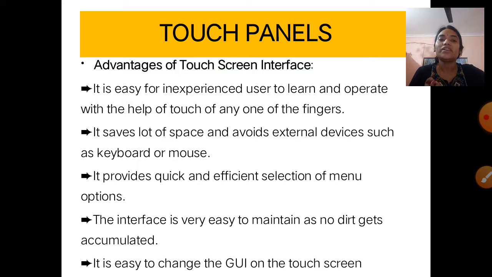The interface is very easy to maintain as no dirt gets accumulated. It is easy to change the GUI on the touch screen interface with the help of software upgrades, and it also offers very high durability and reliability.